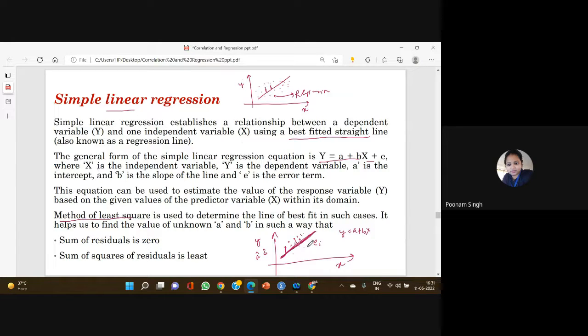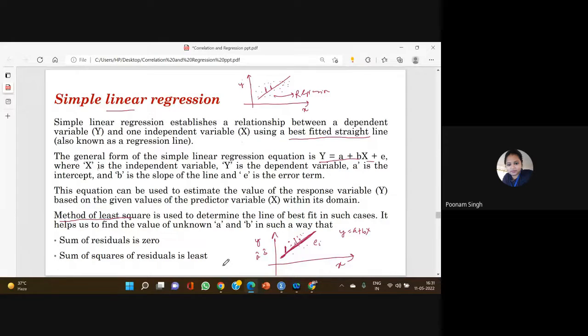The selection of each may lead to a situation where the line will be closer to some points and farther from other points. So in that case, we cannot decide which line to choose. So I was telling you about the best fit line. The least squares method is used to choose the best fit line.